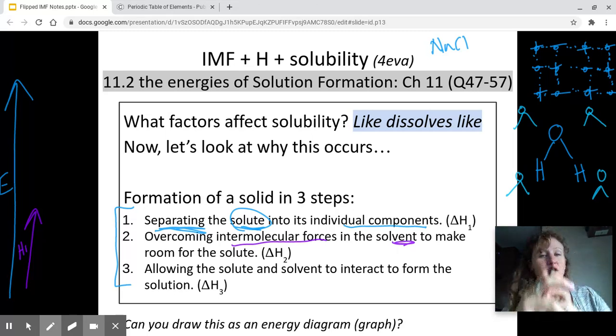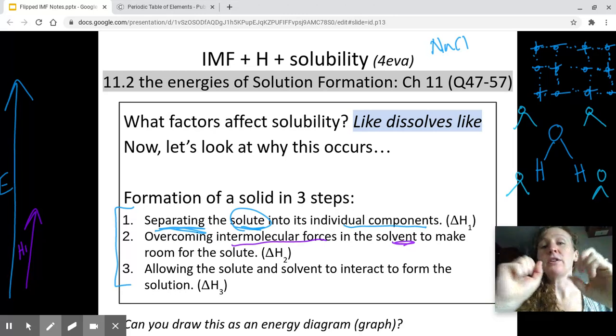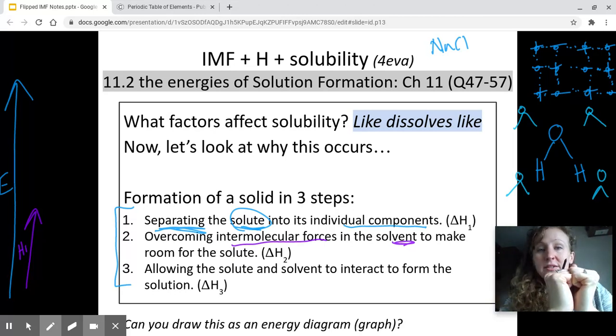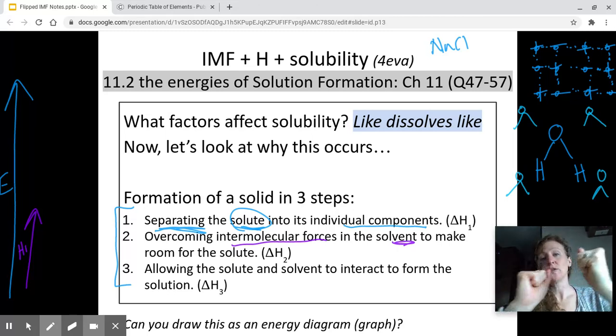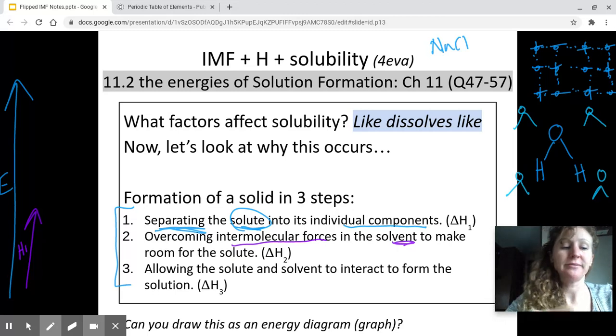It is in motion, but it's a fairly organized liquid because of the dipoles that are present. And so before the solute can fit inside, we actually have to expand this solvent. We have to move those water molecules farther away from each other in order to make room. So is that going to take energy or release energy?